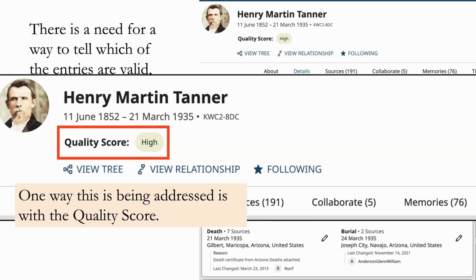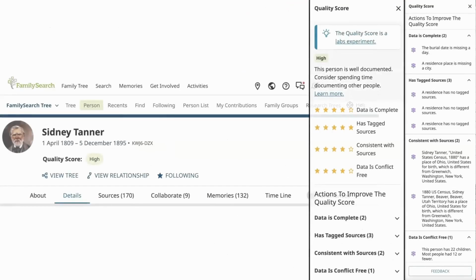When you say that something has a high quality score, that has some specific definition. There are some specific things you learn about how it works. So here on the right-hand side is the breakdown. When you look at the quality score, this is what you get. You get this sidebar, and it shows you with stars.